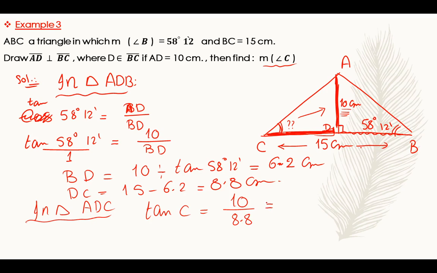By using your calculator, the measure of angle C equals shift tan 10 over 8.8. You will get that the measure of angle C is 48 degrees, 39 minutes and 8 seconds.